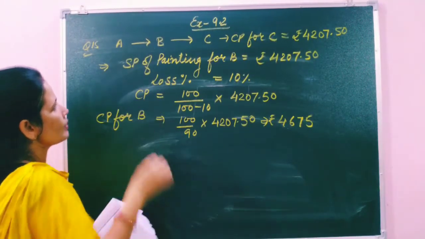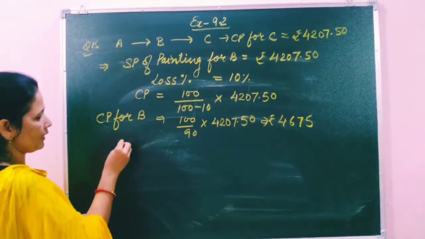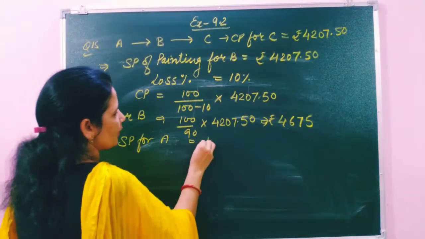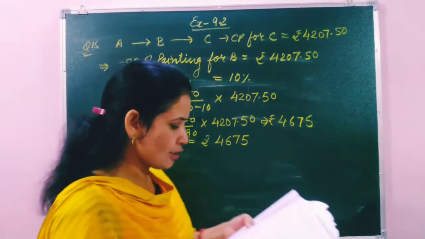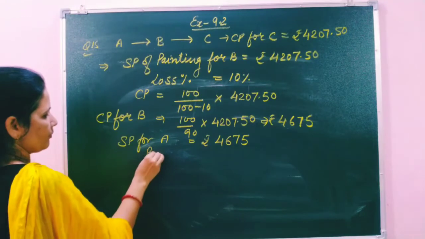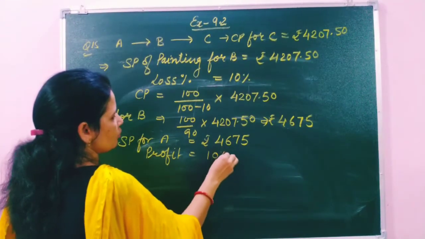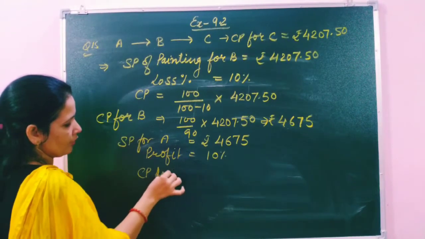Now this is the CP for B. When CP for B is SP for A, so here we will write SP for A is rupees 4,675, and A sold it at 10% profit. So can we find out the cost price for A?